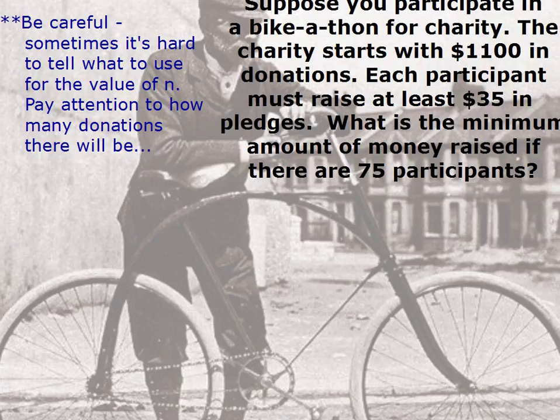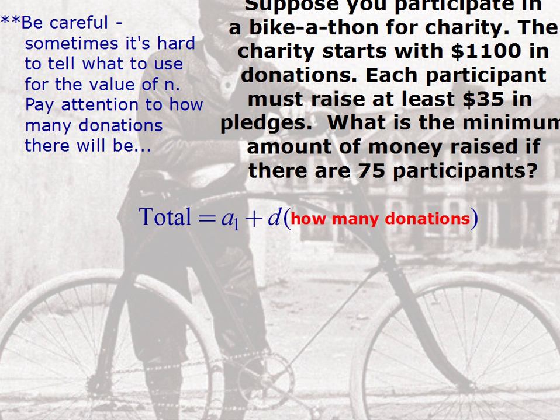So let's look. We know that because this is a constant rate of change, every participant's going to increase by $35 or more, I know, but remember we're talking about the minimum amount. So if I kind of tweak that explicit formula for arithmetic sequences, a sub n is our total value in this situation.